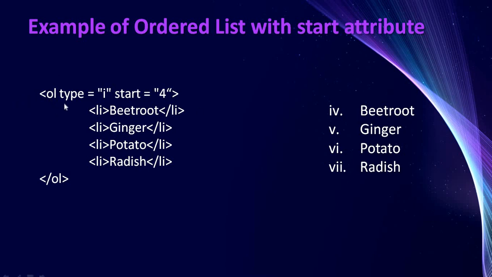In this OL type, I have used smaller Roman numbers, and I have started with 4. So when I use 4 and list these items, my output will start with the Roman numeral 4, not 1. Likewise, we can change the starting value of the numbers also.